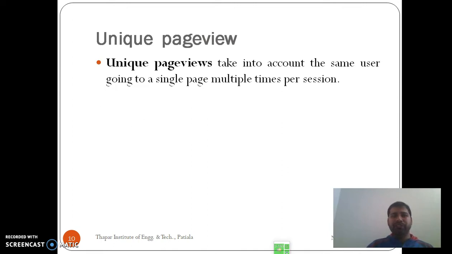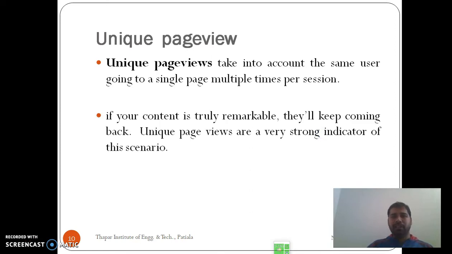Similar to unique visitors, we have unique page views, which counts the same user going to a single page multiple times per session. Let's suppose I visit the website's home page, then go to some other pages, and then come back to the home page. Then the home page will not be counted twice. It will be counted only once.